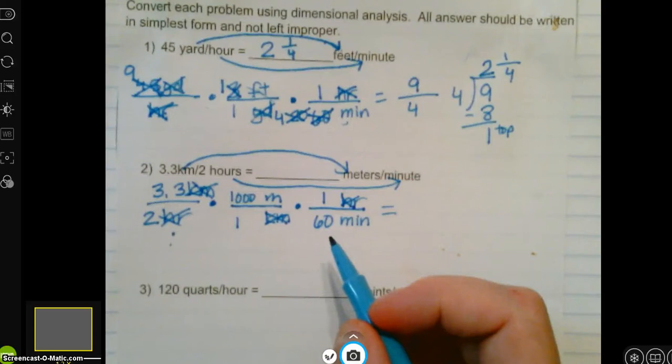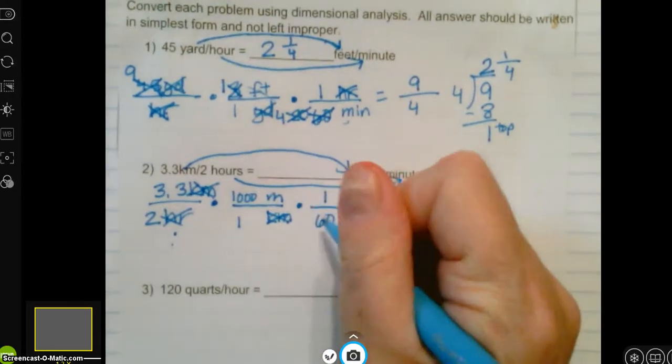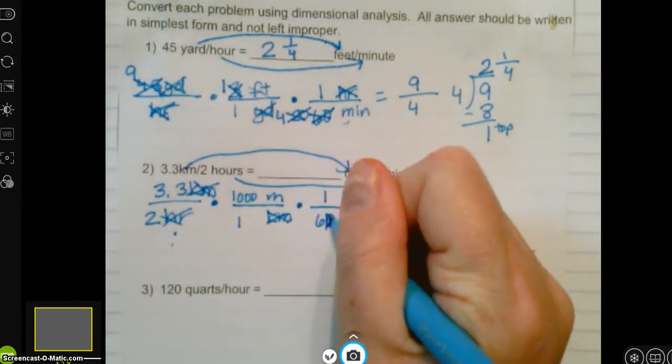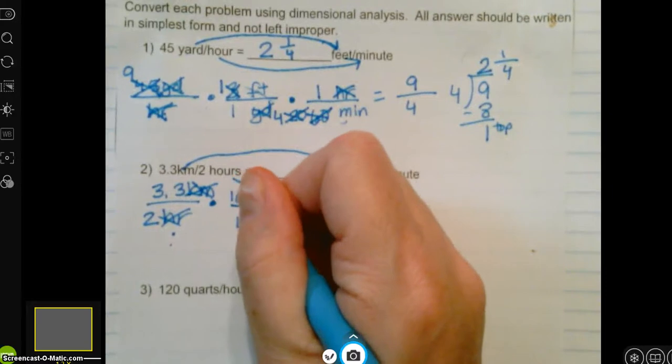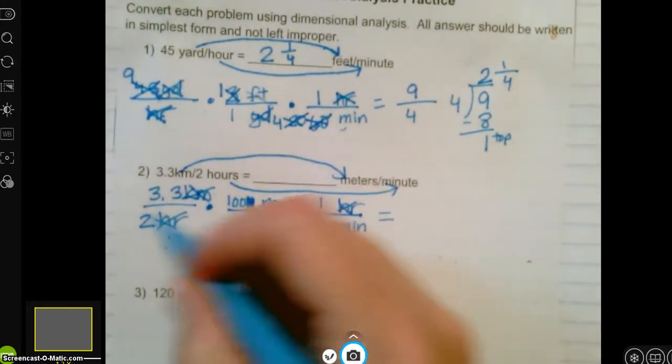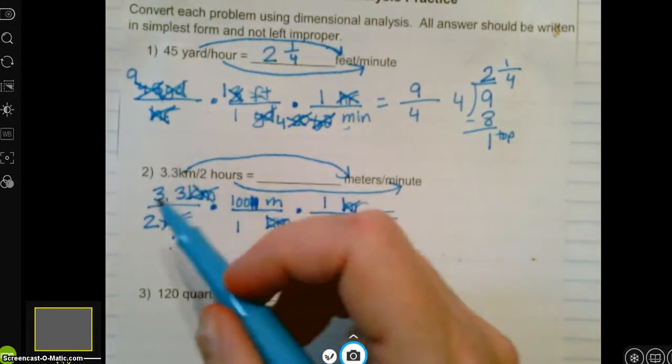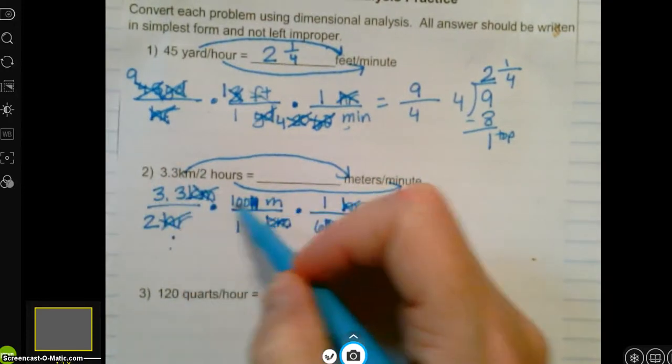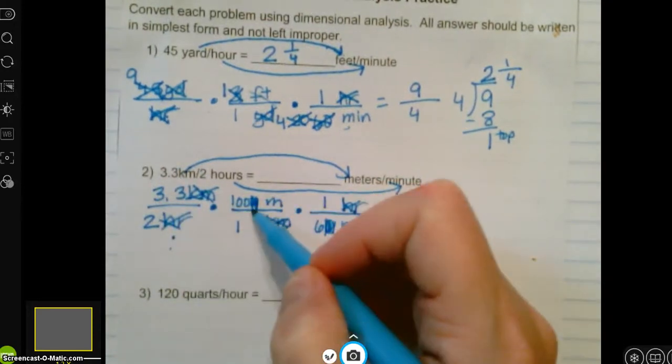So let's do the relationship that we should all know, which is this one. Now, there are more relationships here. I'm not going to deal with them because I want to show you how we do the top here. So if you have 3.3 times 100, when you multiply by 100, remember it's getting bigger.